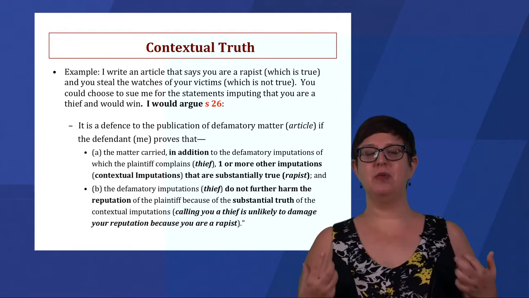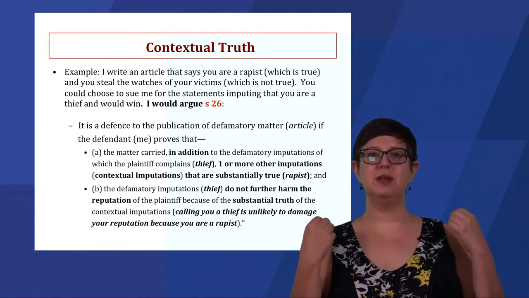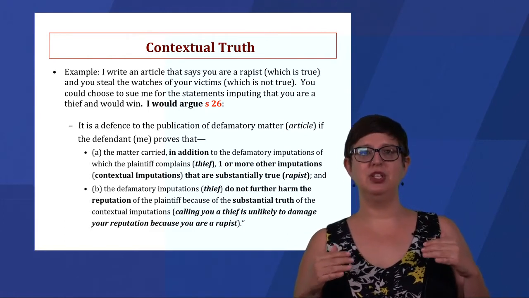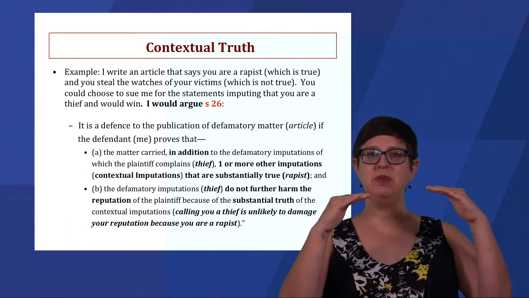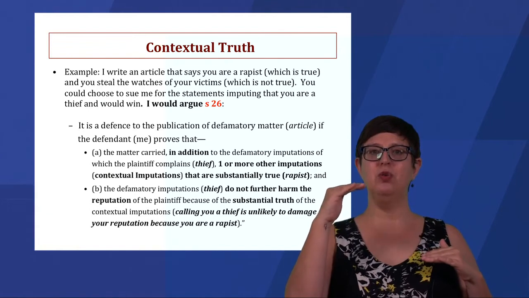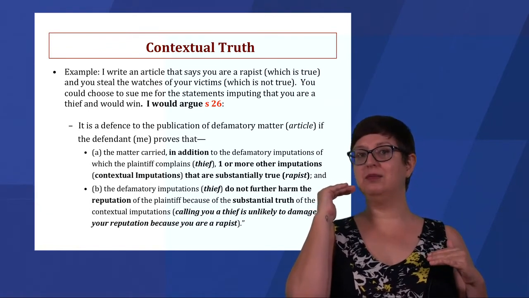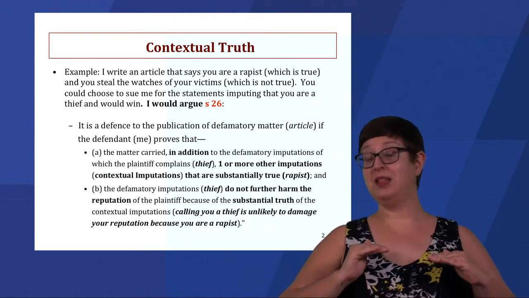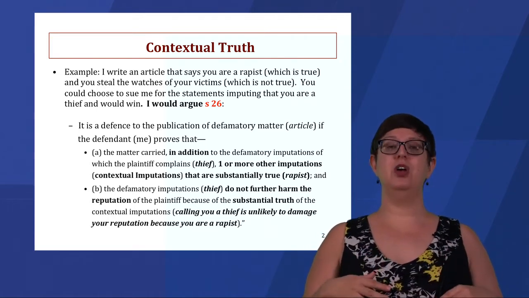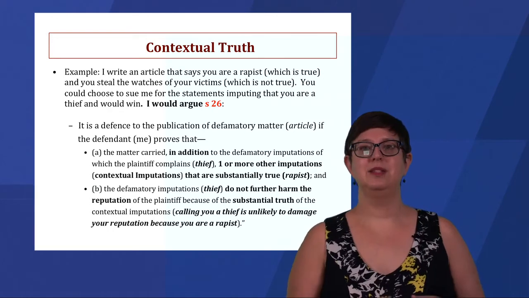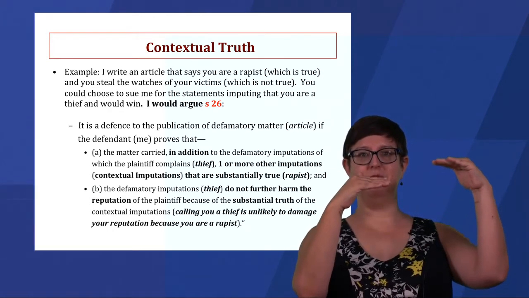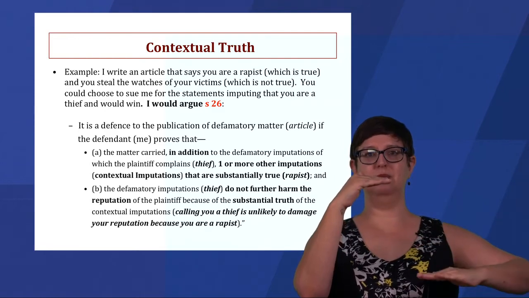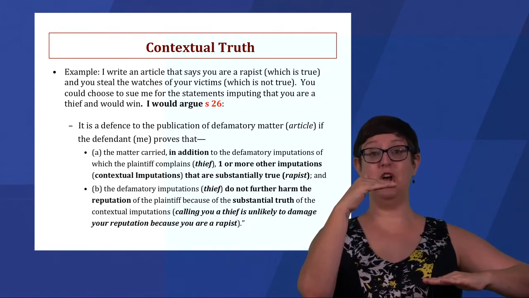So my argument, if I was using the defence, would be that calling someone a thief is unlikely to damage their reputation more or take their reputation lower than if I call them a rapist. And if they are truly a rapist, then their reputation should have already been at that lower level. So here, let's assume that normal people have a reputation at approximately this level. Rapist puts their reputation hopefully nice and low.